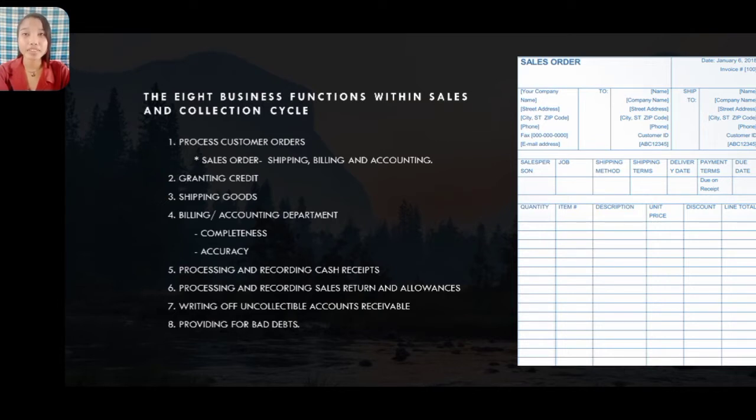The billing and accounting role is very important because there is a need to match the shipping documents to the orders and invoice by checking the price, the quantity, discounts, and so on and so forth.